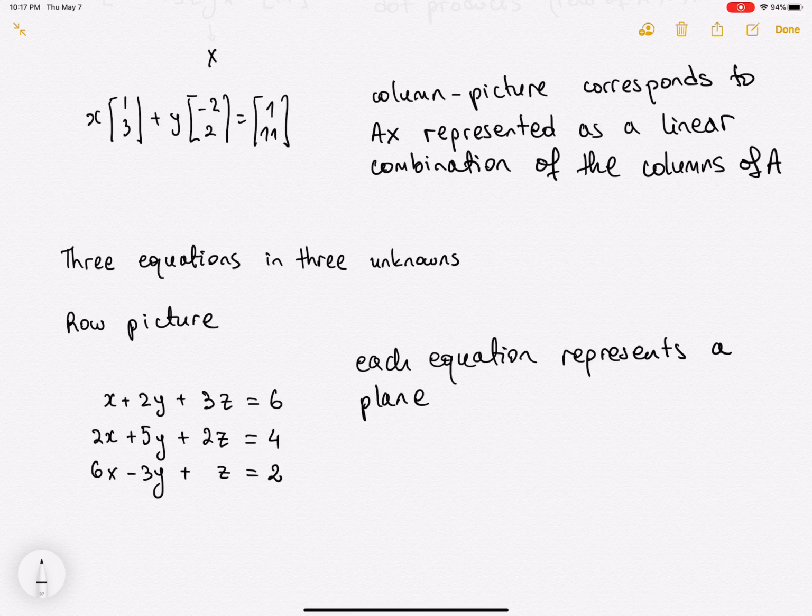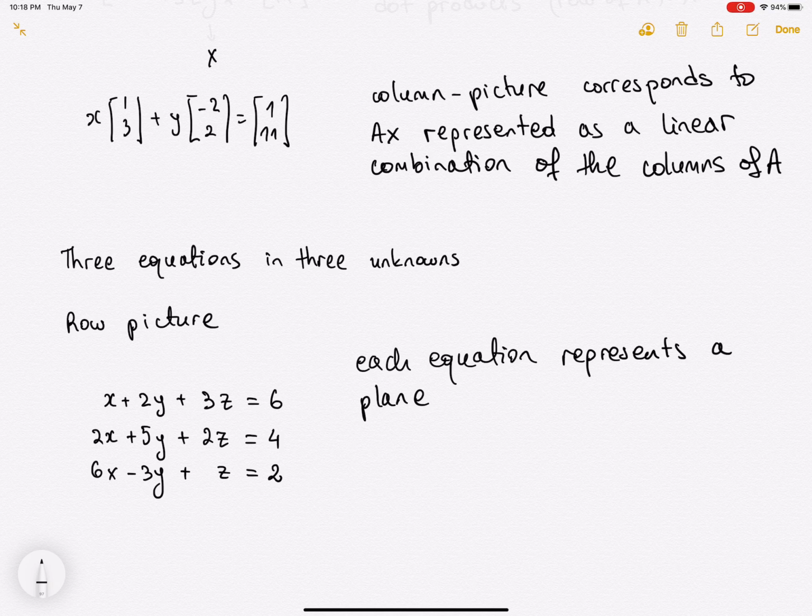It's analogous to the 2D system: we are looking for some kind of intersection of planes. Sometimes planes don't intersect at all, and that happens when they are parallel. If the planes are not parallel, then two planes will always intersect in a line.